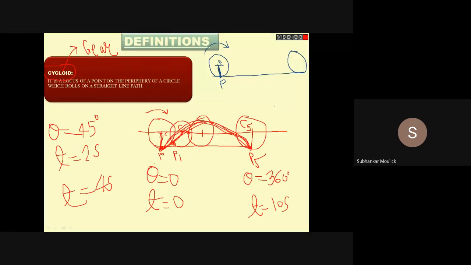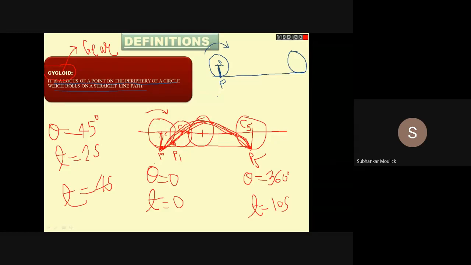Any doubt so far? No, sir. Fine. Then what is a cycloid? It is the locus of a point on the periphery of a circle which rolls on a straight line path. Now, the intersecting point of this straight line and this circle is point P. So when this circle rolls, definitely the position of point P will change.